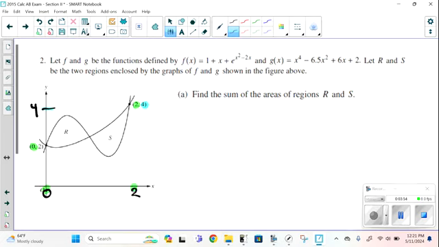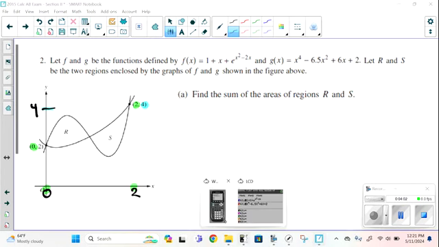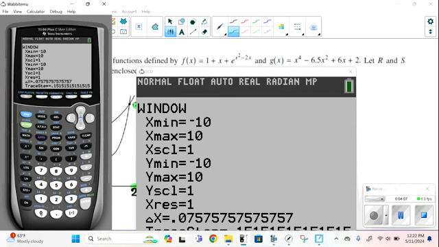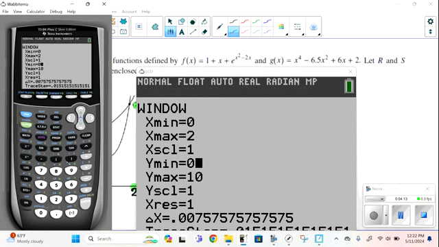So I'm going to change my window to show just that. I don't want to see 10 by 10, 10 by negative 10. Garbage. I don't need it. So let's go to window, and I only want to go from 0 to 2 on the x. And let's go from 0 to, I don't know, 4.25 by ones, or 4.5 by ones.